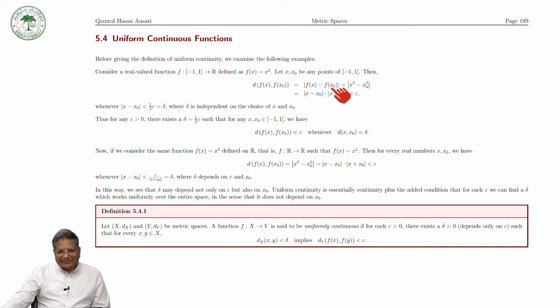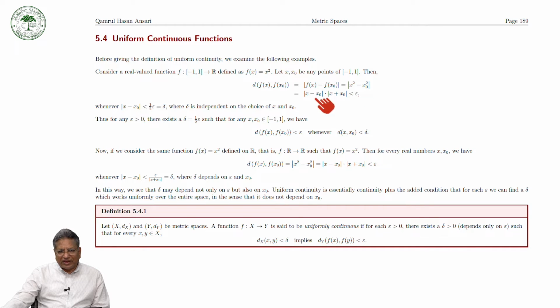And this term is less than epsilon whenever mod of x minus x naught is less than 1 over 2 epsilon. Why are we taking 1 over 2? Because of the length of x plus x naught. x and x naught are elements of the closed interval -1 to 1, so the distance between them cannot exceed 2.